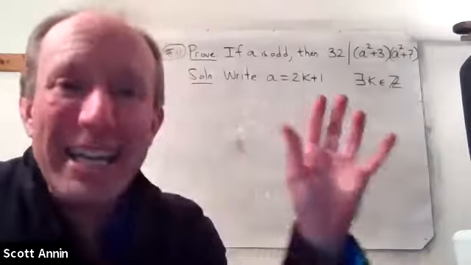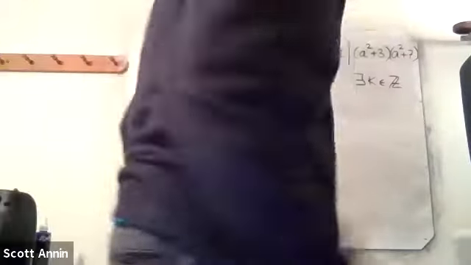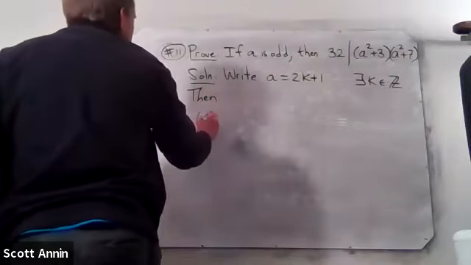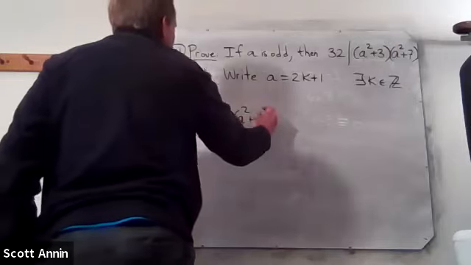Yeah, just plug it in into the a squared plus 3 and then the a squared plus 7. Okay, good. Let's look at the a squared plus 3 and the a squared plus 7, and we'll replace it with this. Okay, let's just see what happens with that. So then what we're going to get here is a squared plus 3 times a squared plus 7.